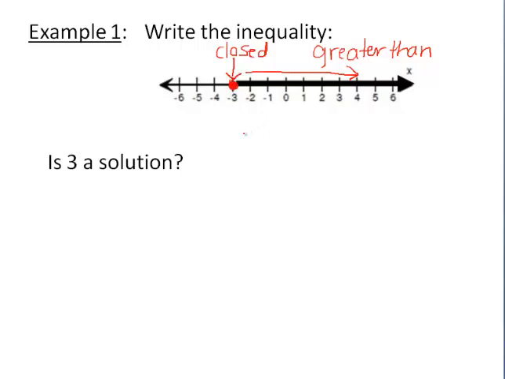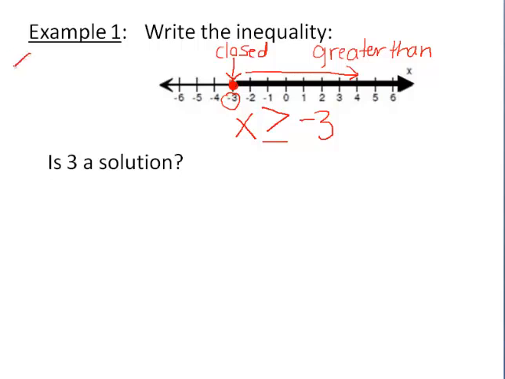So you can use any variable that you want. We're just going to stick with x right now. So it's all my x values that are greater than or equal to. Greater than or equal to looks like this, and it's greater than or equal to this number right here, which is -3. The other thing I want you to keep in mind is which one is less than and which one's greater than.